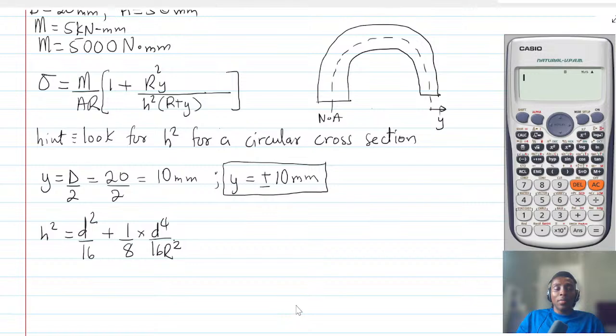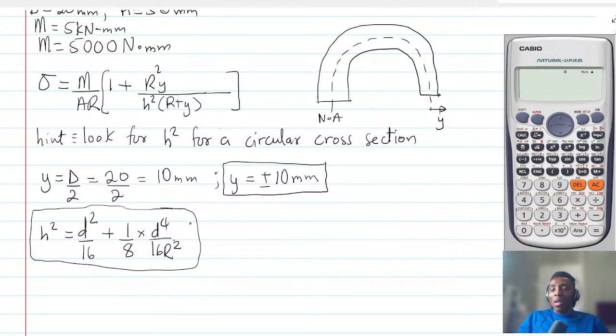This is the equation you have to use in order to calculate the gyration radius for a circular cross section.